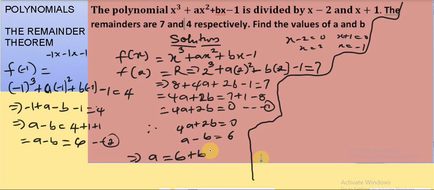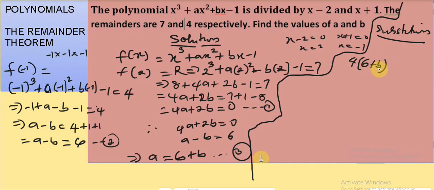So by substitution, I'm going to have 4 bracket, because a, this is equation 3, is 6 plus b. So anywhere a is equal to this, in the first equation I'm going to write 4 times a, that is 4 times 6 plus b.